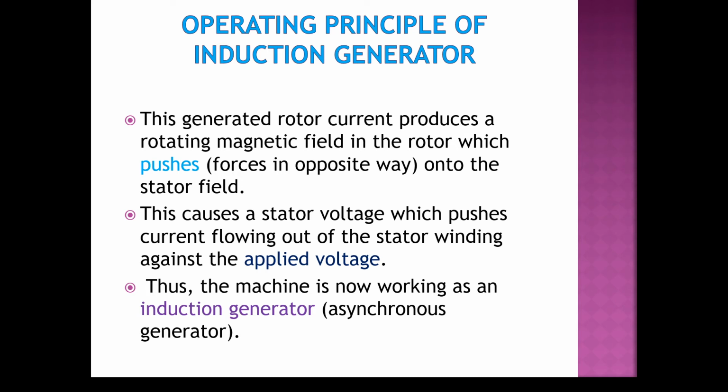This rotor current will produce a RMF, that is rotating magnetic field in the rotor, which will push onto the stator field. That is, it will cut the rotor conductors.